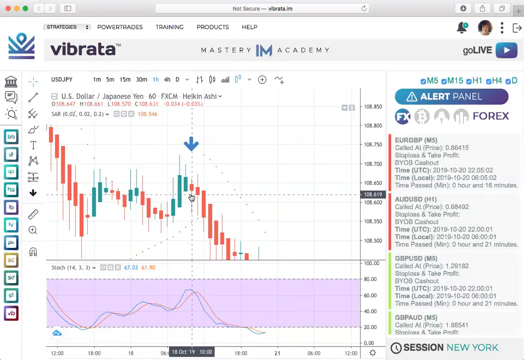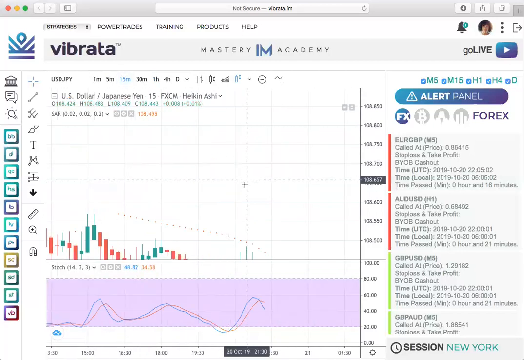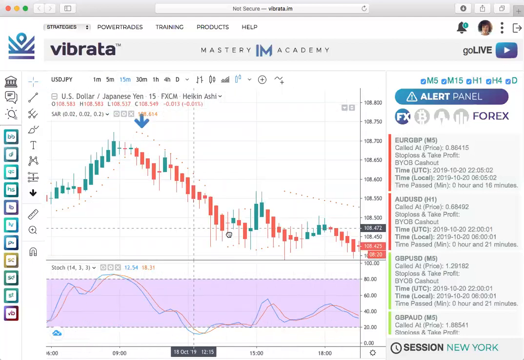Understand that it will not be all aligned as it is on the 5-minute chart. The 5 feeds into the 15, the 15 feeds into the hour. So what you're looking for is it beginning to go into a sell, which is the actual swing of the market. At that point, you can grab your 10 pips and cash out.